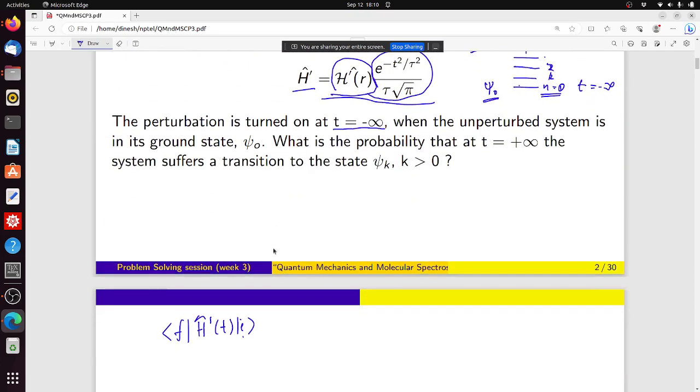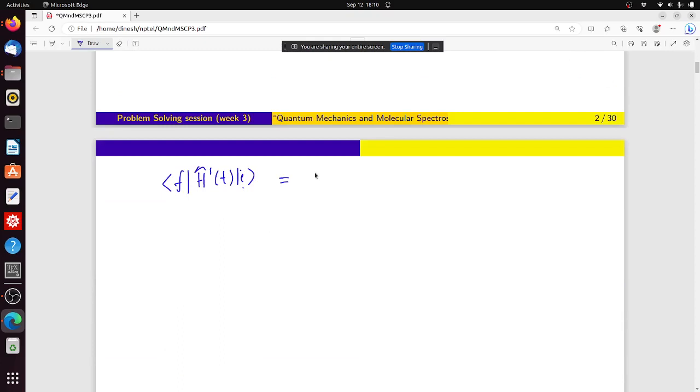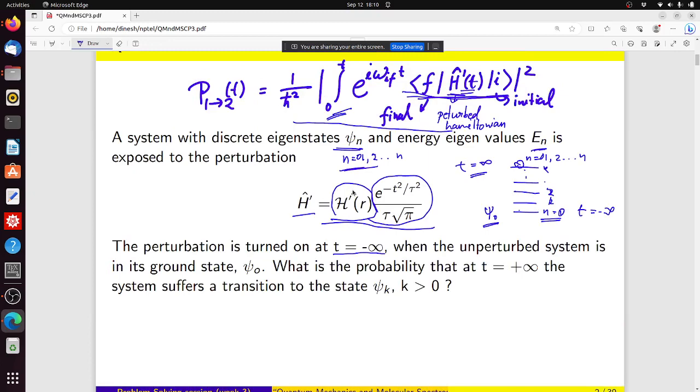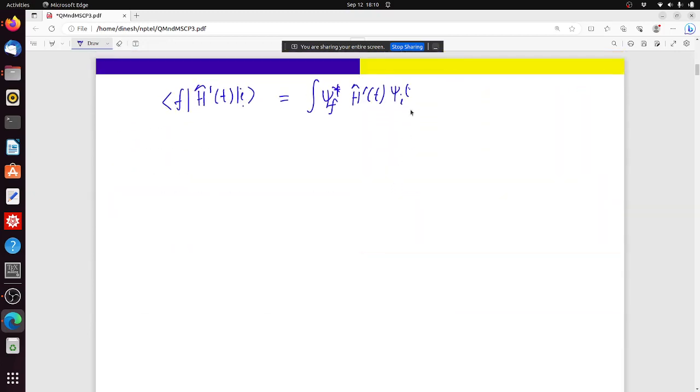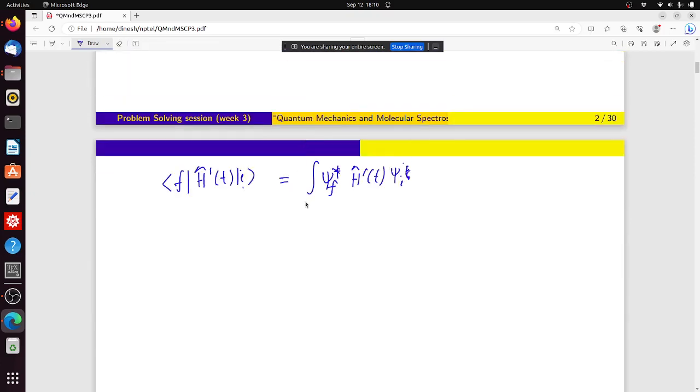Our initial state is psi 0, so effectively we can write this as the integral of psi f star h prime of t psi i, integration from minus infinity to infinity.